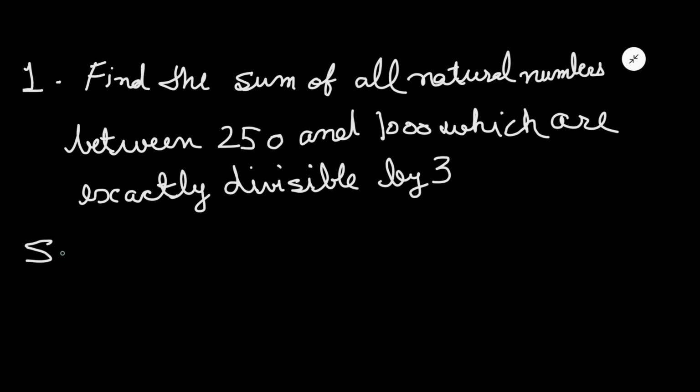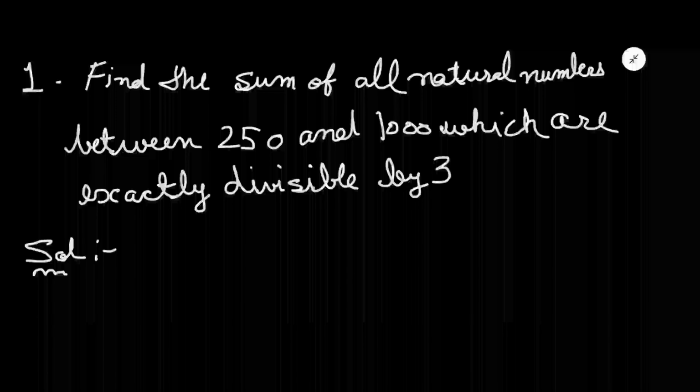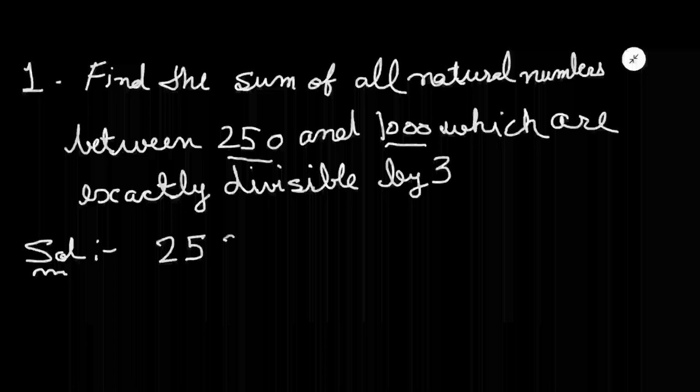So the solution of this problem is, the first thing we have to do is to find the numbers which are exactly divisible by 3 between 250 and 1000. So if you see, 251 is not divisible by 3 and 252 is divisible by 3 because 3 into 84 is 252.